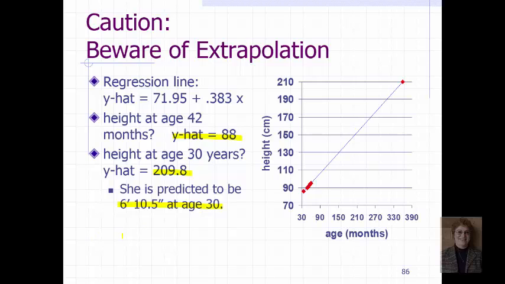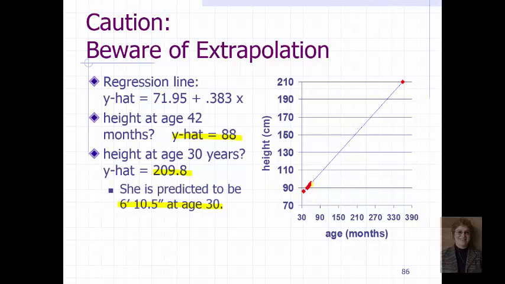Well, we stopped collecting data when Sarah was 5 years old. So at age 30, 360 months is way out of the range of collected data, and this is what extrapolation is, going outside of your data.